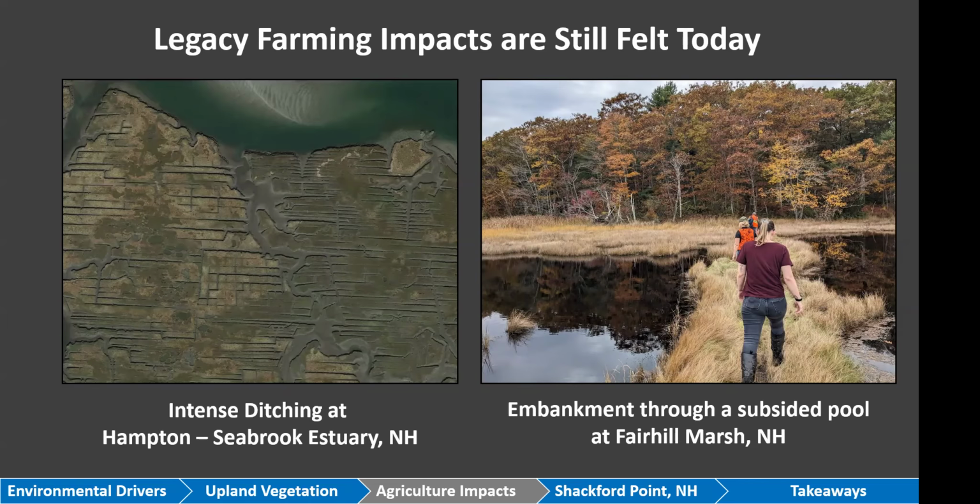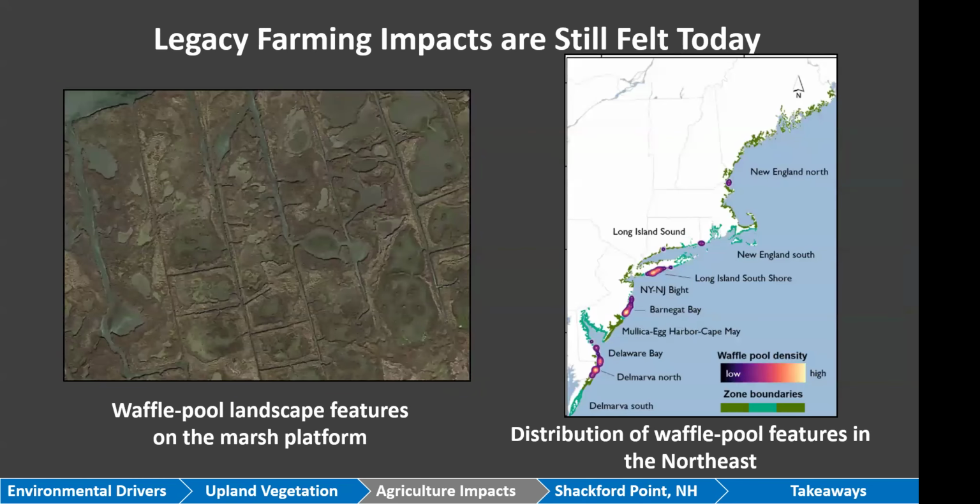These are structures that are still in place that people can still walk on without any issues at all. What these features do is create what we like to call waffle pool landscapes, where there are embankments on either side of all these ditches. It allows flooding in, but usually water remains on the landscape. And over time, that marsh subsides, and we get these large pool complexes.